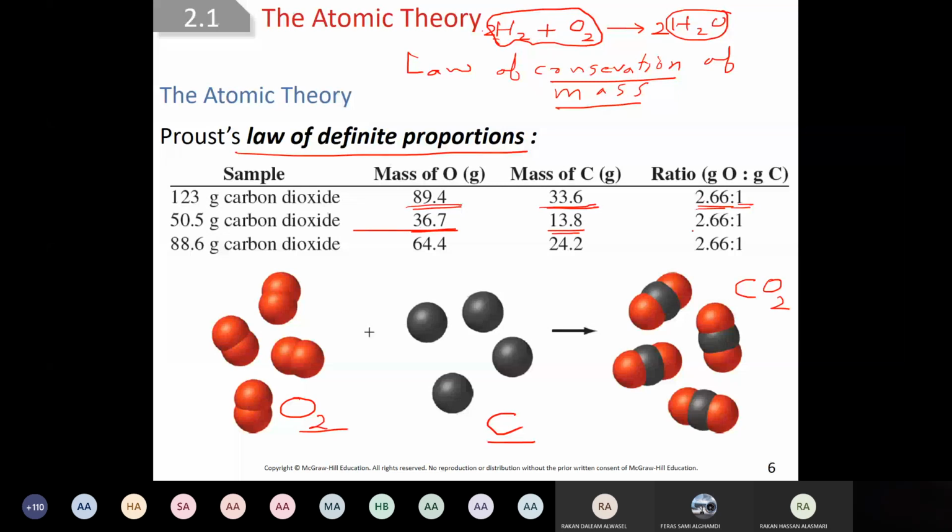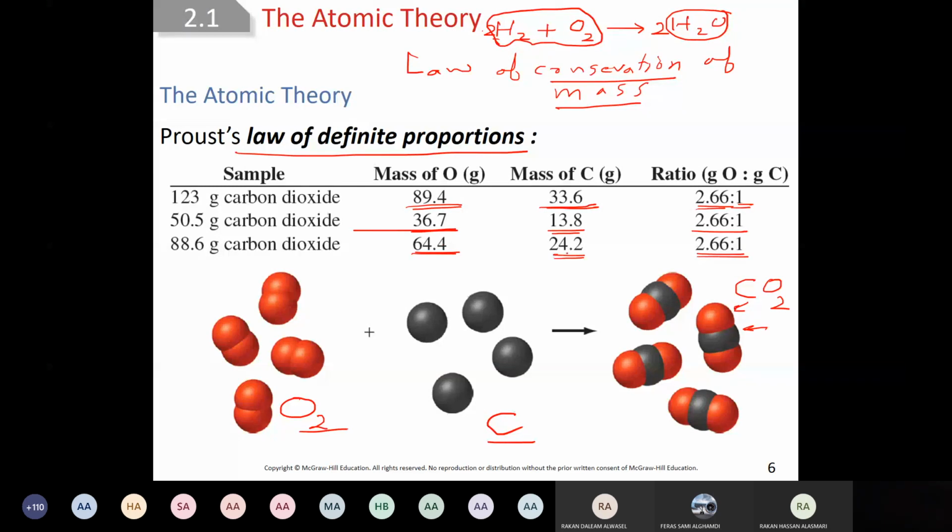Then what's the ratio of this one to this one? It is 2.66 to 1. If I take 24.2 gram carbon in here, and then I calculate the mass of oxygen, I'll find that it is 64.4. What's the ratio? 2.66 divided by 1. How can I get this ratio?